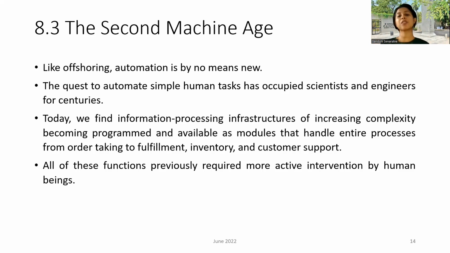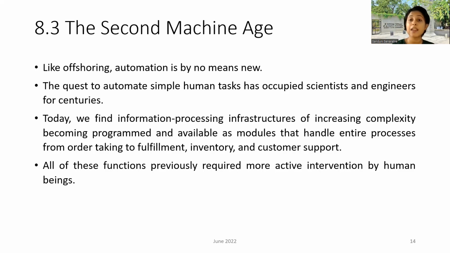We find information processing infrastructures that are very complex, being programmed and available as modules that facilitate the handling of complete processes from order taking to fulfillment, inventory, and even providing customer support.